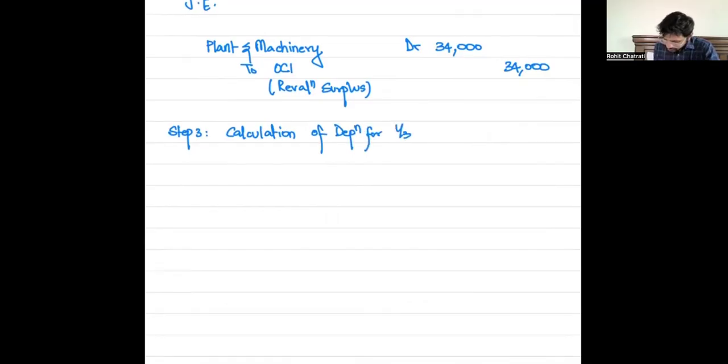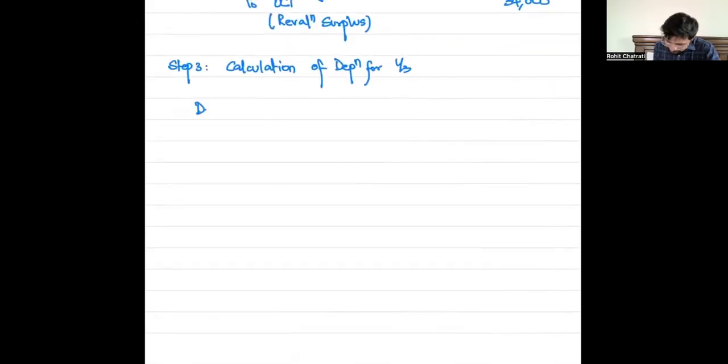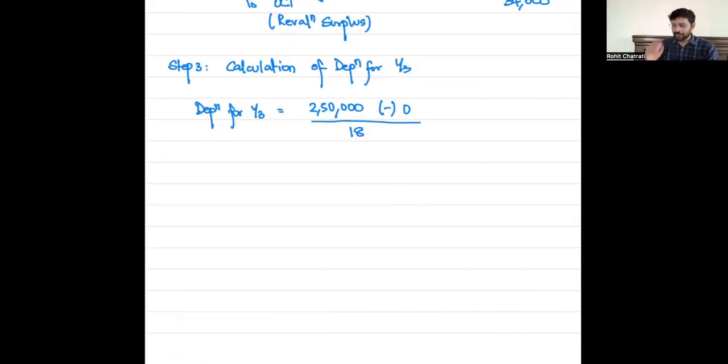Depreciation for year 3 is going to be 2,50,000, which is equal to the carrying amount of the asset after revaluation surplus, less salvage value, which is equal to 0, divided by the total remaining useful life of 18 years.